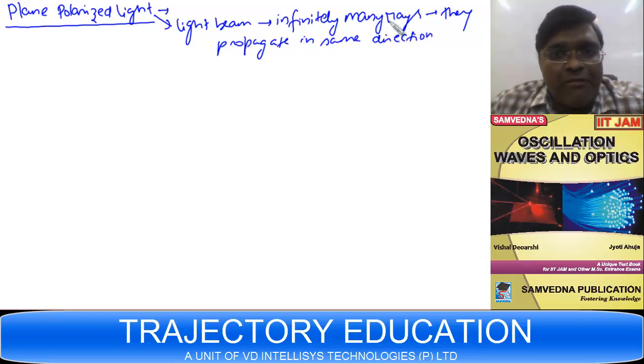So light beam consists of infinitely many rays and they share a common property, they propagate in the same direction, right?